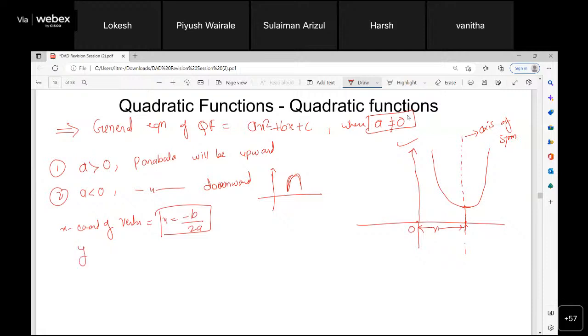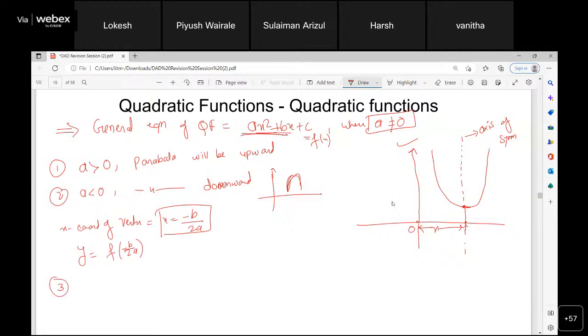And what is the y coordinate? Just simply put this in the equation. Suppose this is f of x, so just put f of minus b by 2a. That will be the y coordinate of this particular vertex. Now, what is the slope of this parabola?